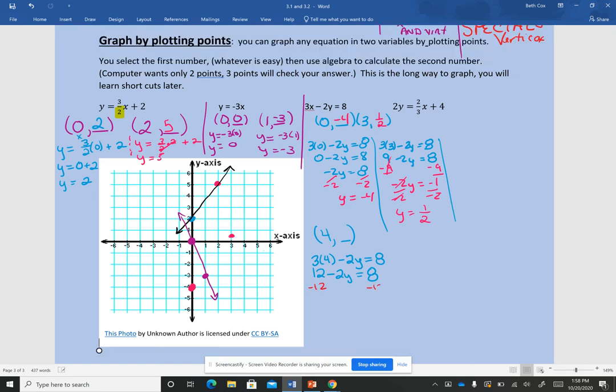Subtract 12 on both sides. And 8 minus 12 is negative 4. And then I'm going to divide both sides by negative 2. And I get a negative divided by negative is a positive. So I get positive 2. So 4, positive 2. There's my number. Okay. And so there's my line right there.